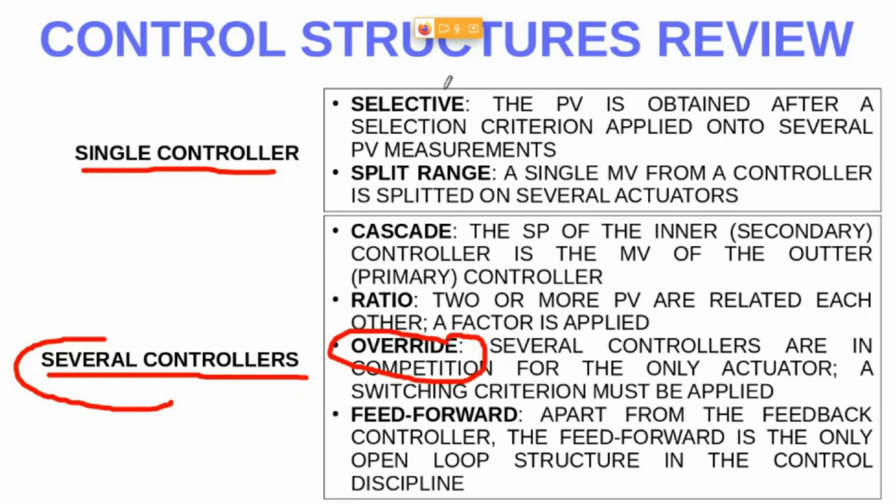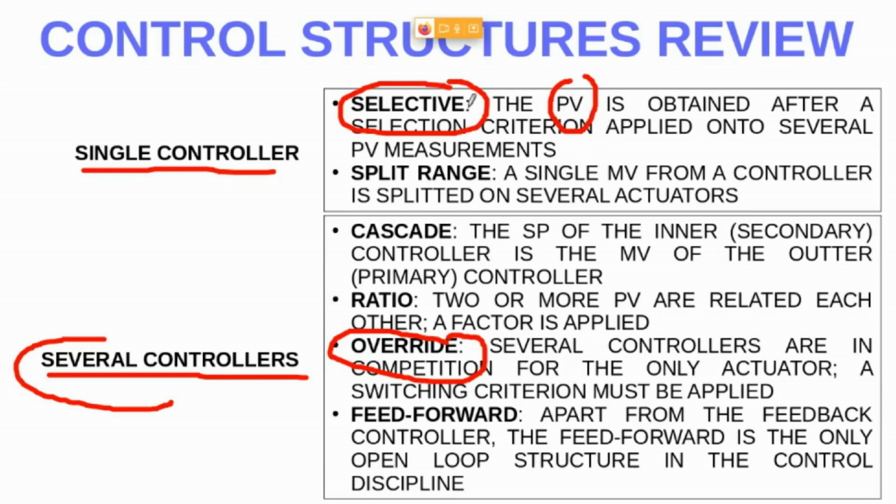This control structure can be seen as so similar to the selective. Remember that on the selective, we have a selection criterion on several process variables. Here we have a selection criterion, but this selection is done on manipulated variables, not on process variables.